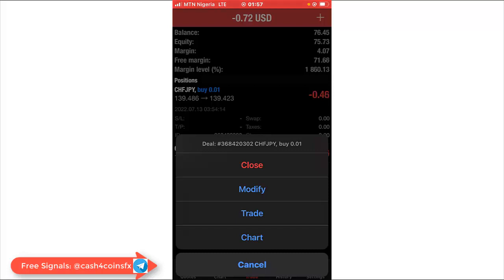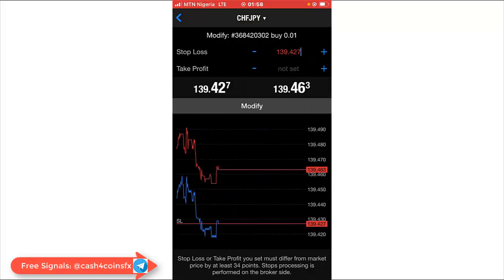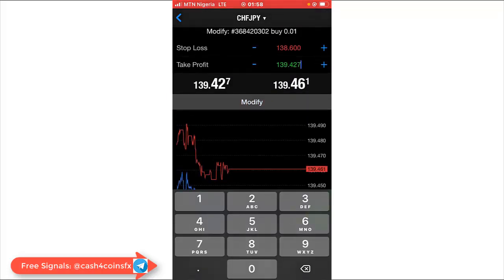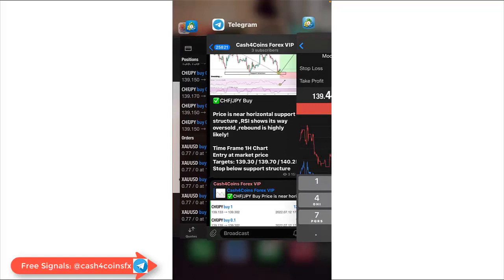That is how to modify your stop loss and your take profit. If you want to modify any trade, tap and hold, and then you see the options. We click on modify. We enter the stop loss. We say 138.6, right? And then 139.7. That is where we want to take the second TP.